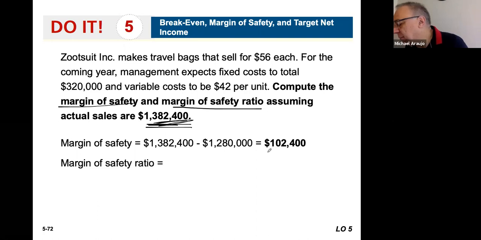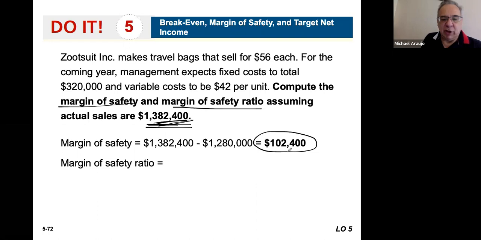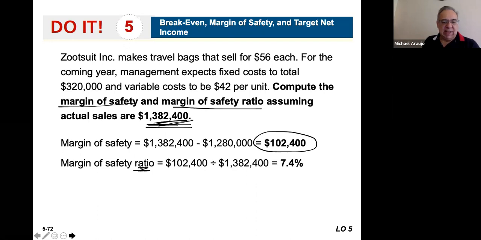So $102,400 is the margin of safety expressed in dollars. The margin of safety ratio looks at that compared to the total, right? And in this case, it's only a 7.4% ratio. The margin of safety is $102,400 on sales of $1,382,400. So 7.4% is our margin of safety ratio.